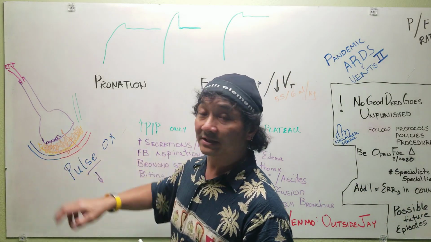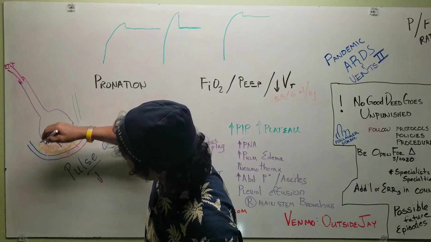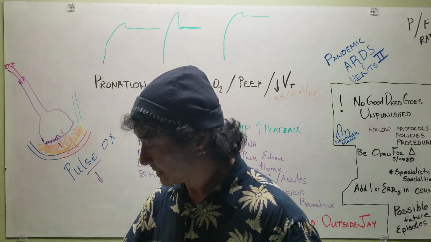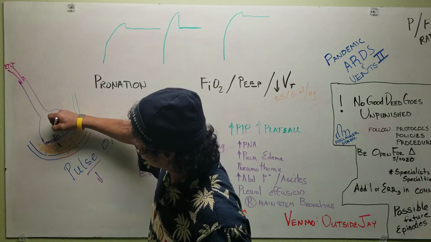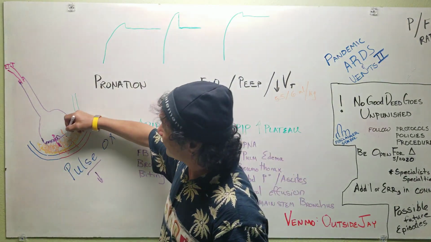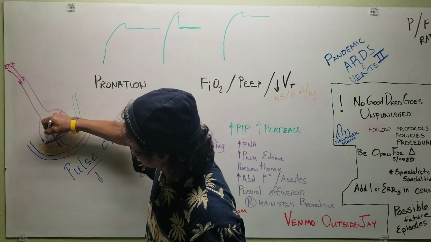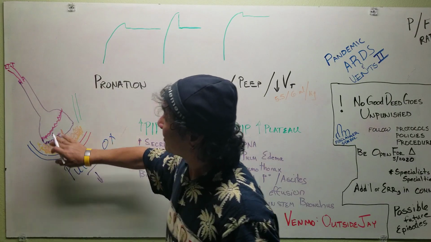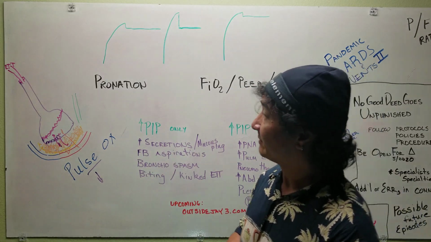However, when you have such a big fluid buildup, the fluid starts to leak into your alveolus itself, on the inside. And so now you have even more fluid building in the alveolus.